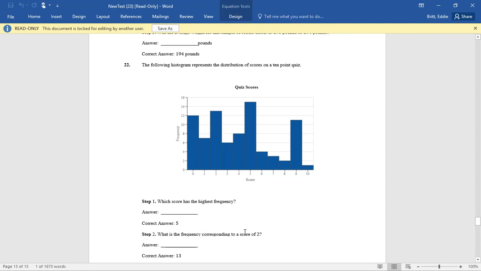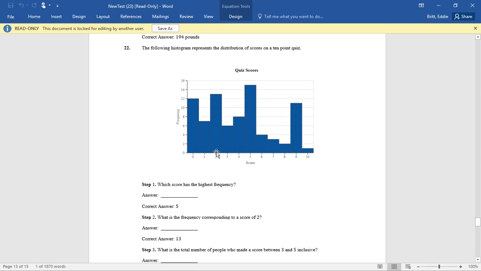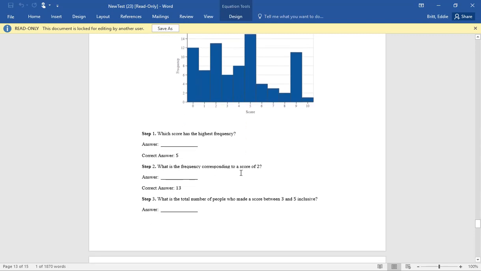What is the frequency corresponding to a score of 2? 13. They must not have studied very much. What is the total number of people who made a score between a 3 and 5 inclusive? So that's going to be 6 plus 8, that's 14, plus 15 is 29.